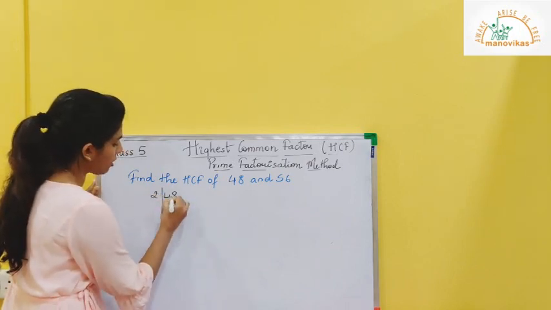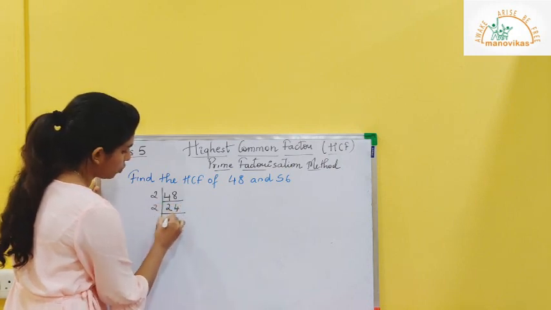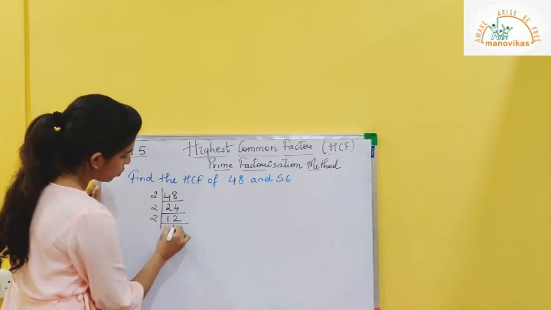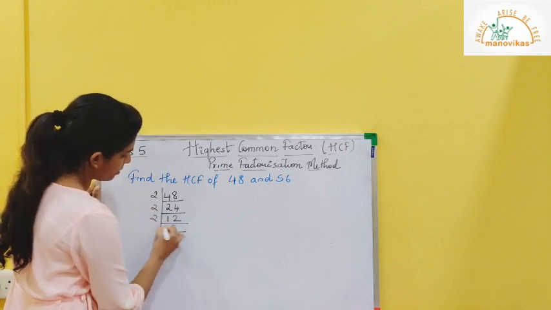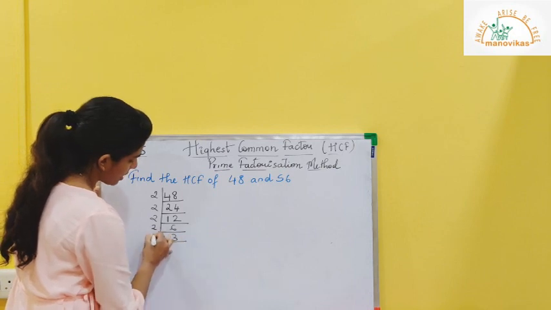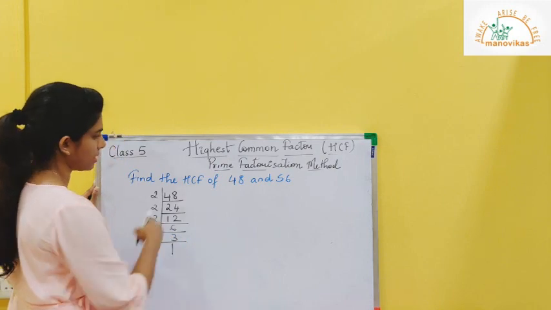2 2s are 4, 2 4s are 8. 2 1s are 2, 2 2s are 4. I got 12. 2 6s are 12. 2 3s are 6. And 3 is a prime number itself, so 3 1s are 3.